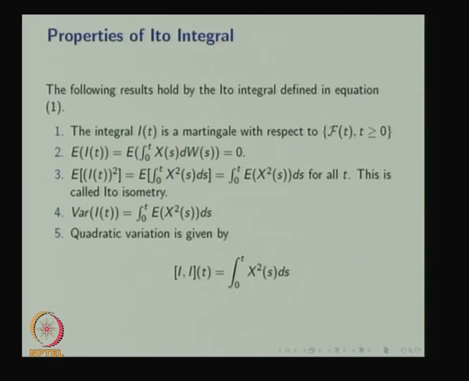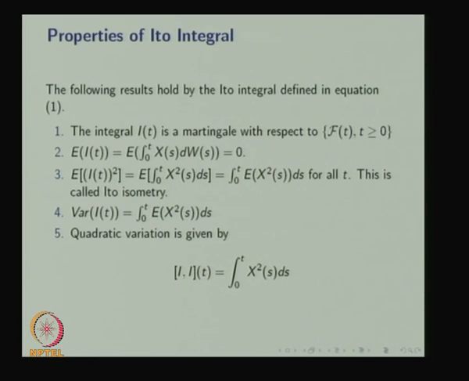One can find the quadratic variation of I of t also, because I of t is a stochastic process. So you can find the quadratic variation over the interval 0 to t, that means the second order variation over the interval 0 to t for the function I of t.